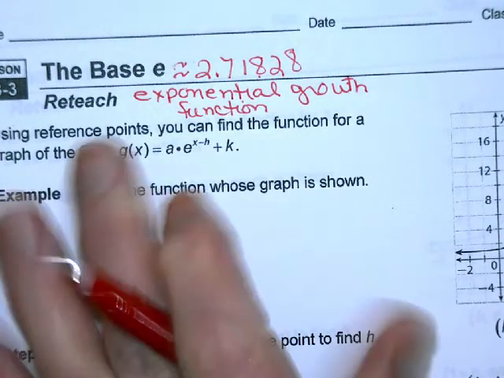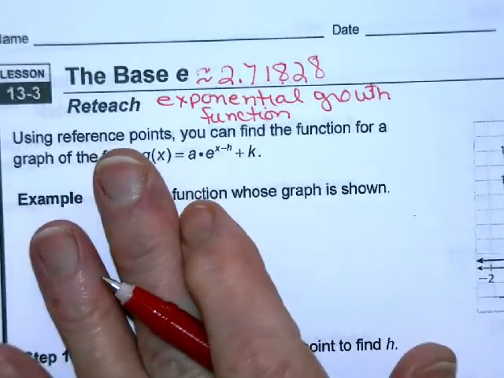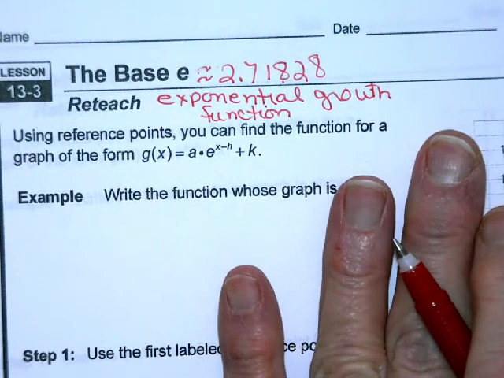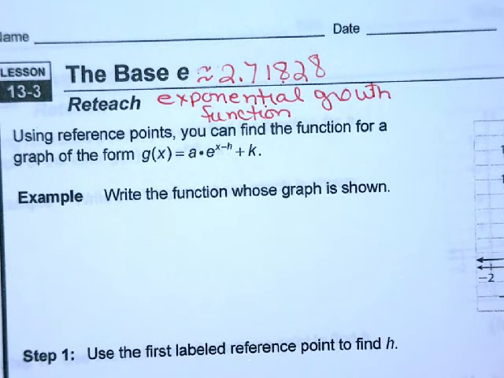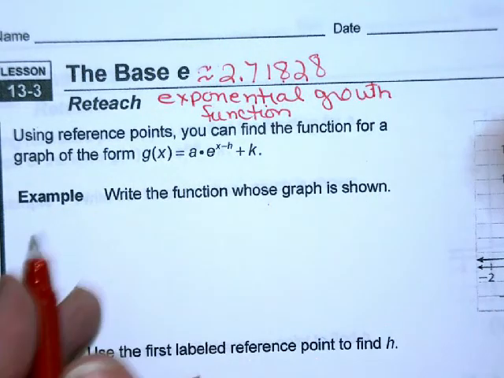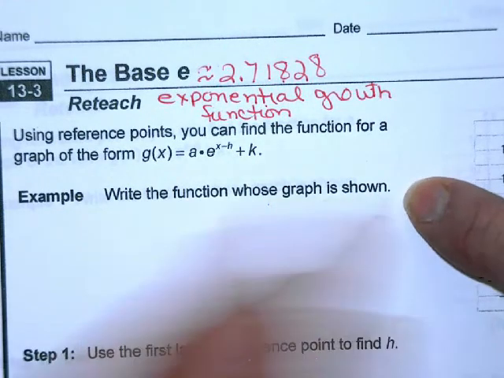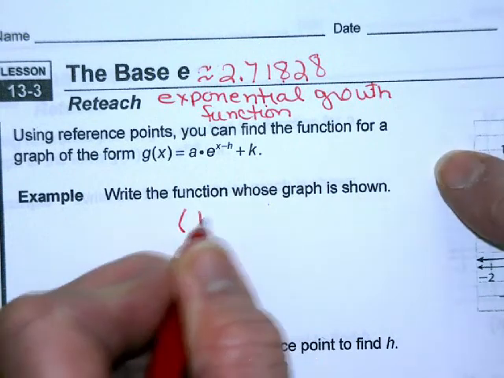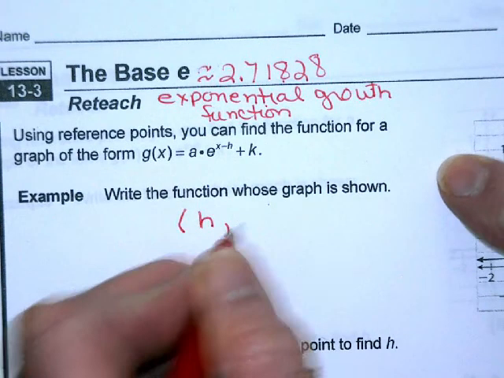So this is a simple lesson because they already give you reference points, or you're going to find the reference points from our past experience. Note on the function where we get our reference points. If we're going to write this function whose graph is shown, the transformation comes from h and then a plus k.